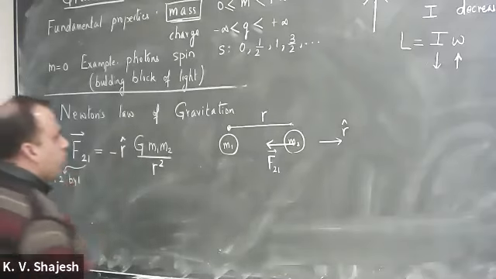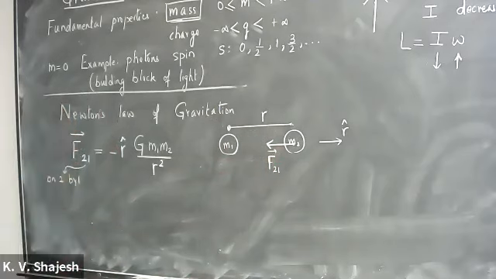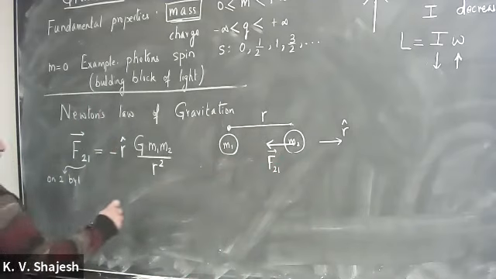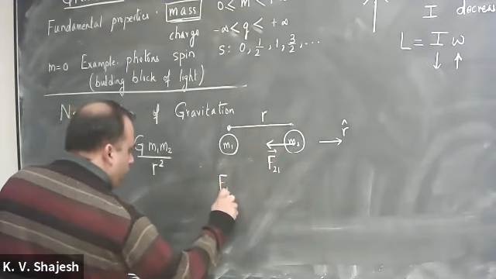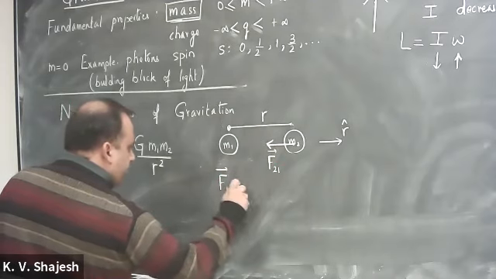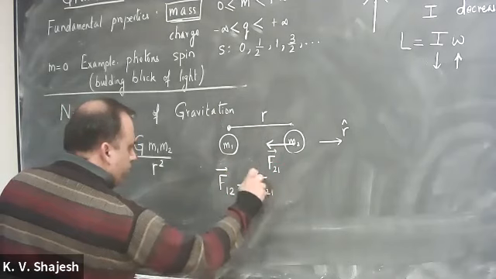If I were to ask what is the force on 1 due to 2, because of the symmetry, that also has to be the same. There should be no asymmetry between the two masses. If they are identical masses, we cannot differentiate between them. And you would say this force on 1 by 2 will be exactly negative of F21.